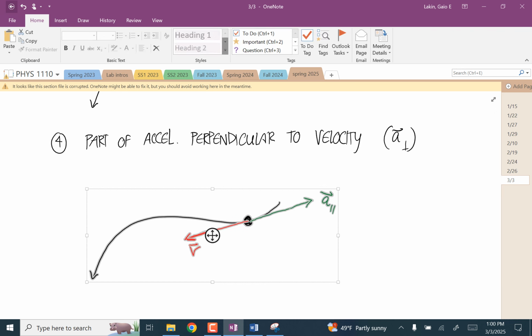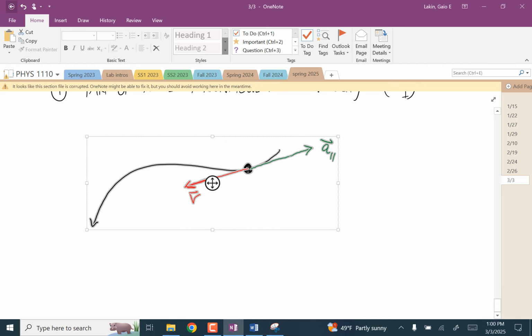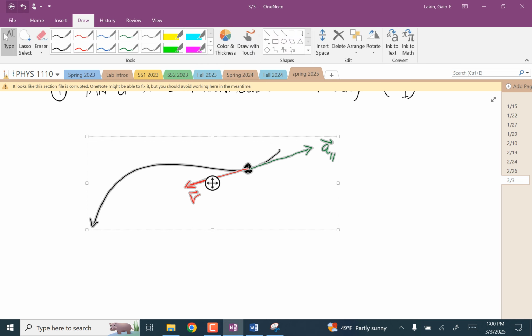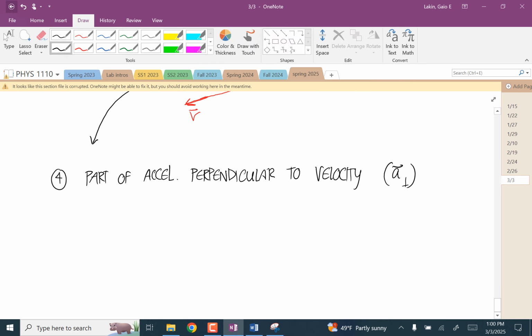So now the part of the acceleration perpendicular to the velocity. Let me move this down. So now think of fitting a circle to the curve.